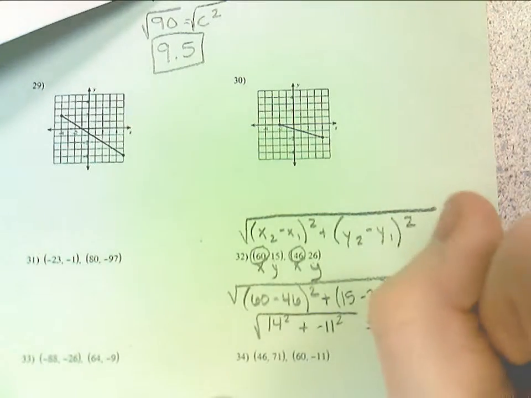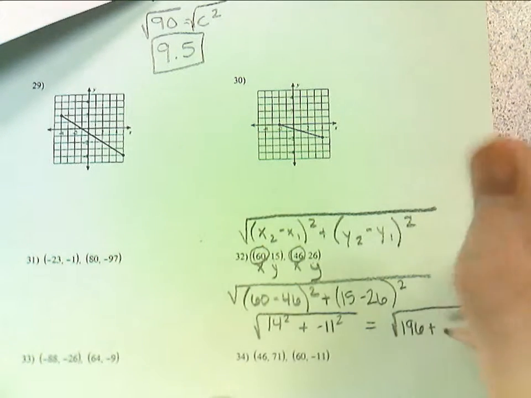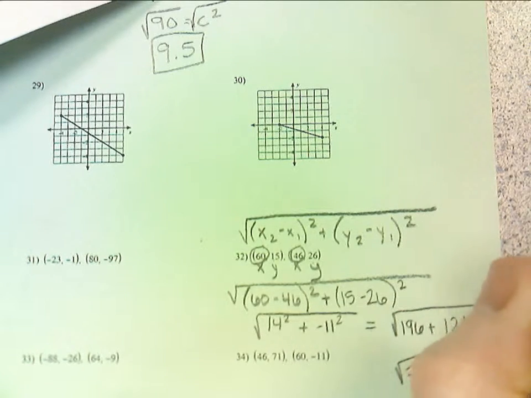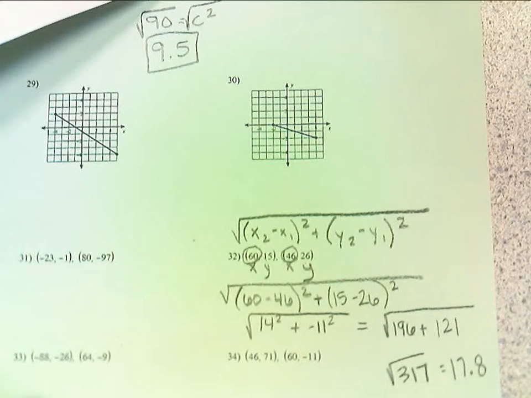So 14 squared is 196 plus negative 11 squared, a negative times a negative is a positive, so it'll just be 121. If we add those together, 196 plus 121, we get 317. And if we do the square root of 317, our answer comes out to be 17.8. Nice.